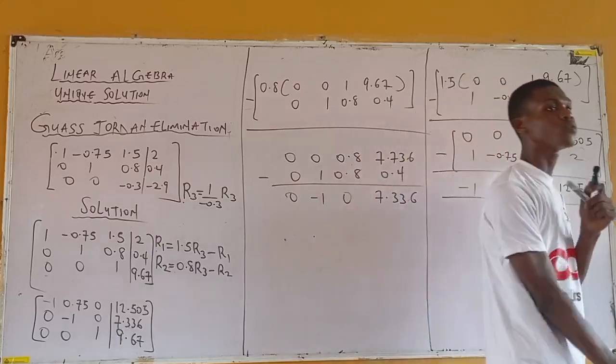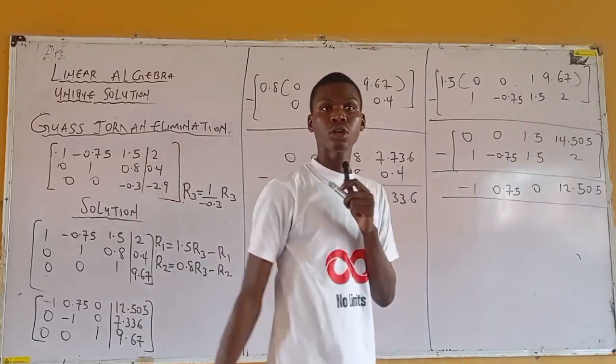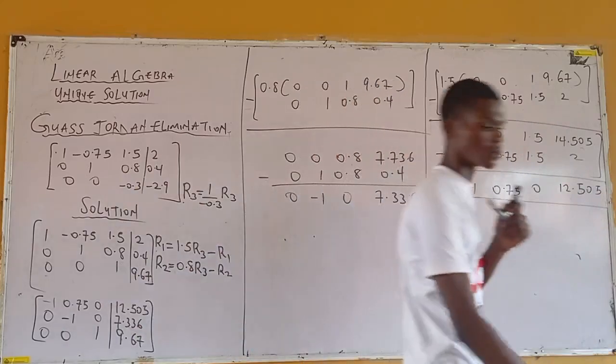Multiply all through by -1, or you say divide all through by -1.